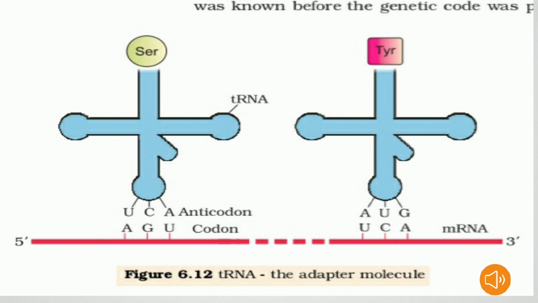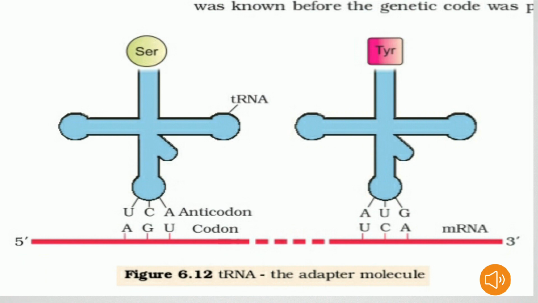UCA anticodon codes for the amino acid serine. Anticodon means the three specific nucleotide sequence which codes for the specific amino acid present in the anticodon arm of transfer RNA. The codon AGU is present in the mRNA, you can see in the diagram.